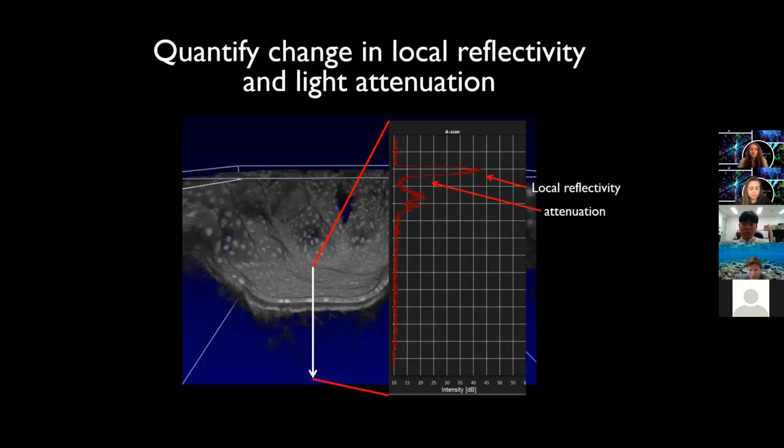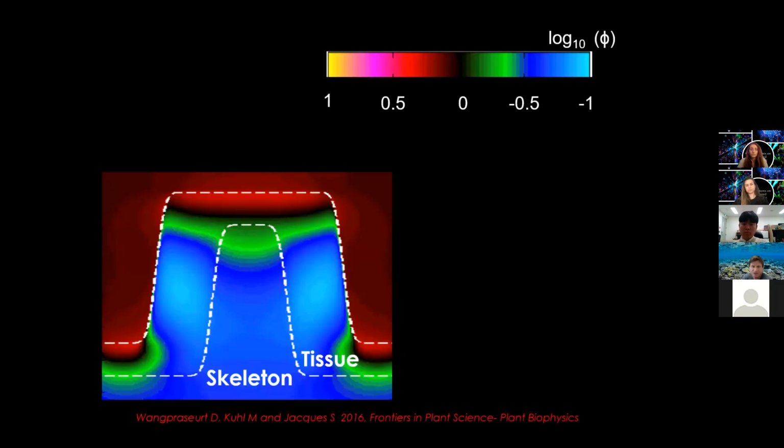If you have determined some of these optical properties, then of course you can also run a light simulation. In this case, we developed a Monte Carlo simulation, which is a probability distribution model where lots of photons are emitted. The nice thing about this is that you can configure the architecture at your desire.